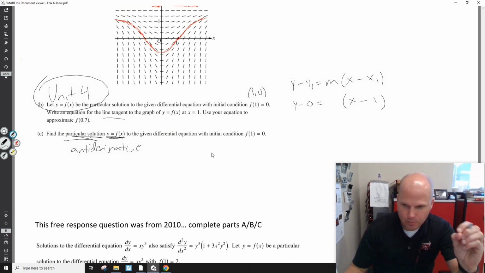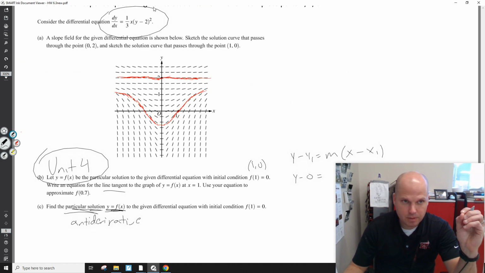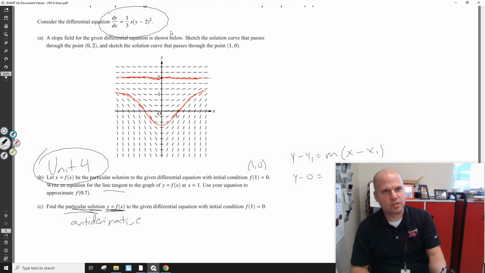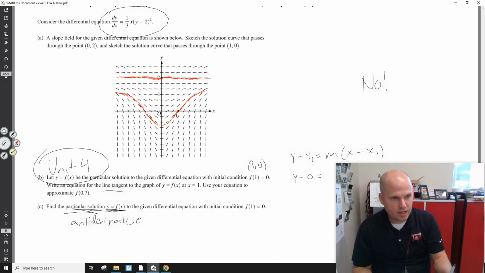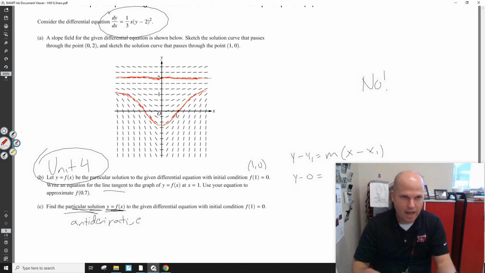Well, here's where a lot of people will have difficulty. They think m must be this entire equation, and they put this entire equation in for m. No. However, this equation, and again, you got to look back, this equation is your slope generator.